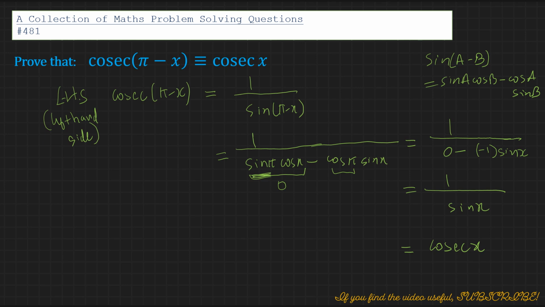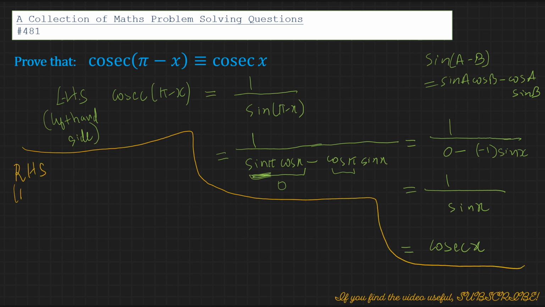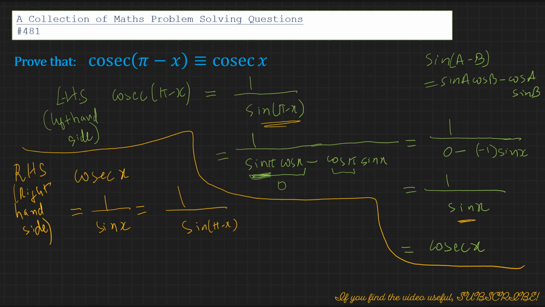Now if we are to prove the right hand side, we can do it the same way. The right hand side is cosec x, and that equals 1 out of sine x, and that equals 1 out of sine(pi minus x), because we've just proven here that sine(pi minus x) equals sine x.